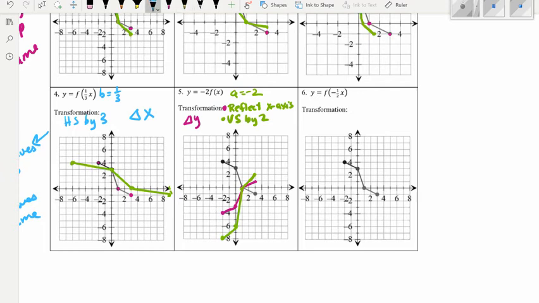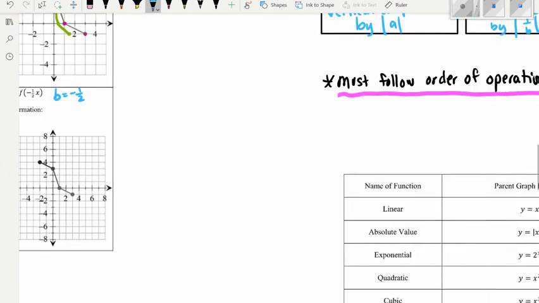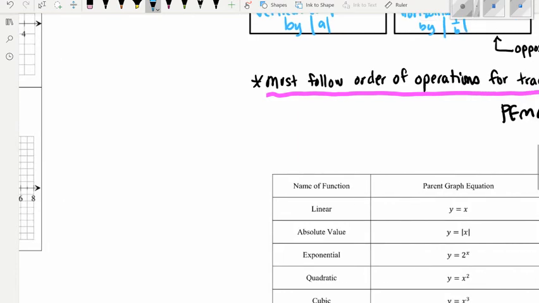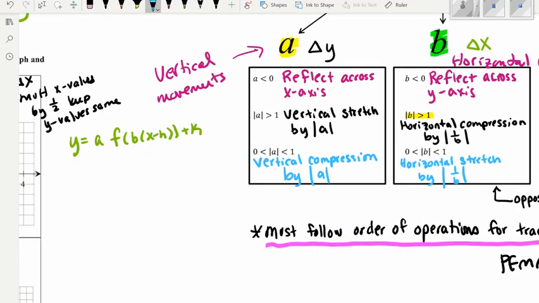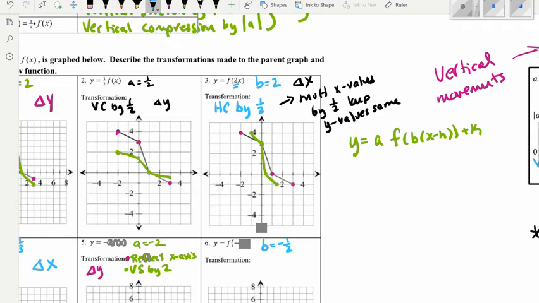So for this last one that we have, our a value, or sorry, that's a b value because it's on the inside. So our b value is equal to -1/2. Again, we're going to have two different transformations. If you go back to your table over here, when your b is less than 0, it reflects across the y-axis. And when it's in between 0 and 1, it's a horizontal stretch by the absolute value of 1 over b. So we have two different transformations that we are making to our graph here.